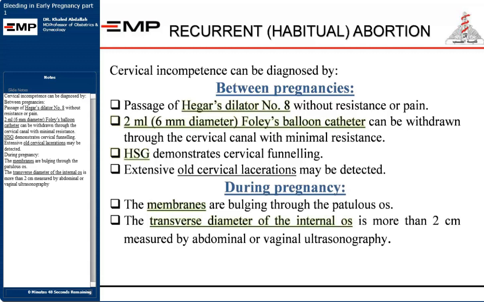HSG demonstrates cervical funneling. Extensive old cervical lacerations may be detected. During pregnancy, the membranes are bulging through the patulous OS, and the transverse diameter of the internal OS is more than 2 cm measured by abdominal or vaginal ultrasonography.